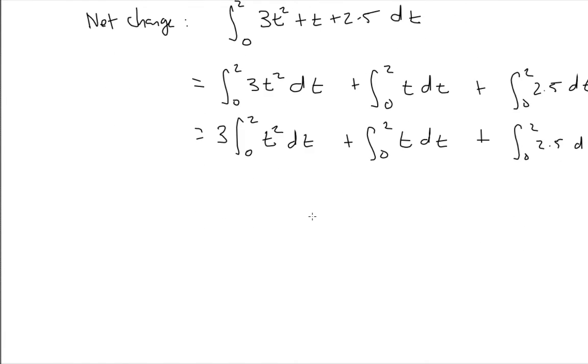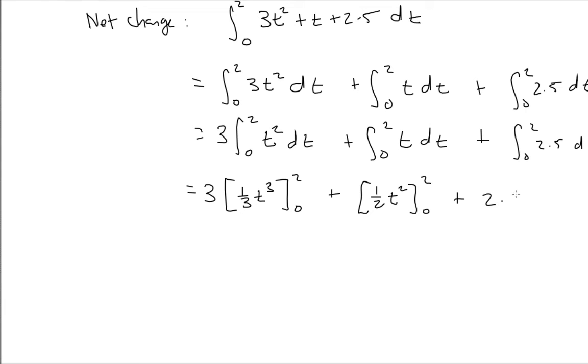Now I can use anti-differentiation formulas to calculate the antiderivative. So this becomes 3 times the antiderivative of t squared, which is 1/3 t cubed, from 0 to 2, plus the antiderivative of t, which is 1/2 t squared, from 0 to 2, plus the antiderivative of 2.5, which is 2.5t, evaluated from 0 to 2.